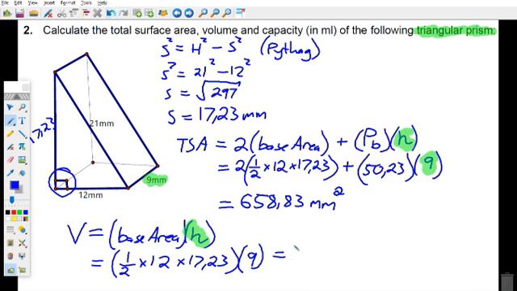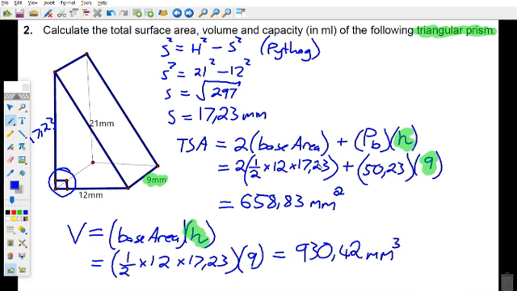930.42. What's my unit? Millimeters cubed, because it's a volume.